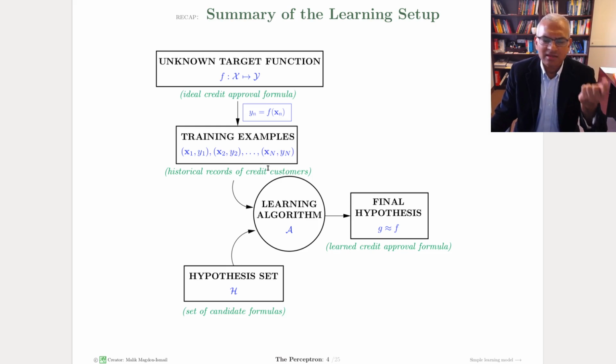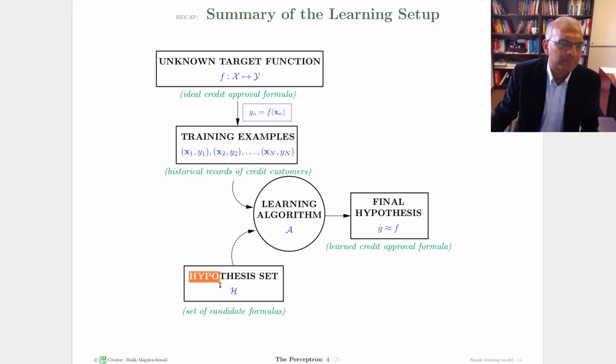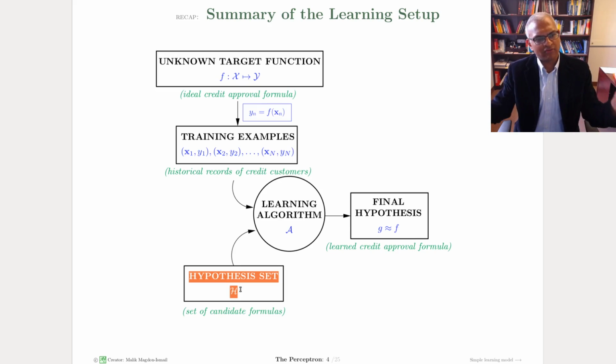Before you see the data, you must fix a hypothesis set H, a set of candidate formulas for credit approval. Then you say, that's very hard to do if I'm not allowed to know anything about f, I don't know f, and I haven't seen the data. Well, it looks like a restriction, but if you feel like it, set H to be every function in the world, and then you will not be faced with any restriction here.